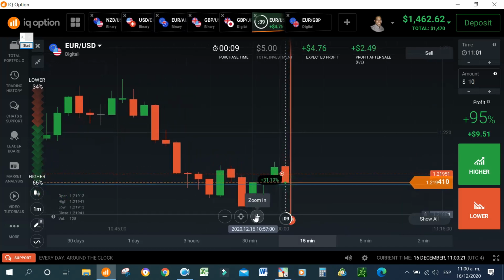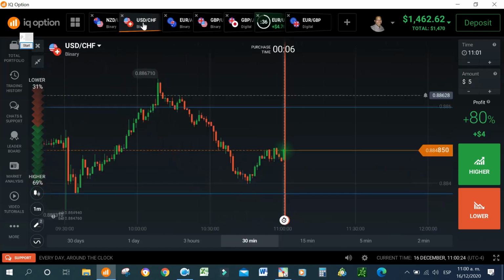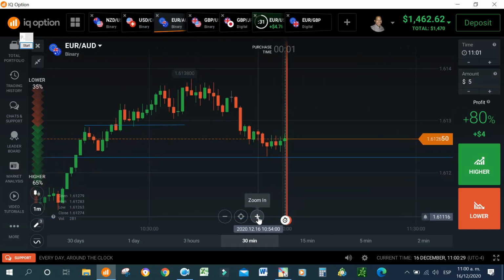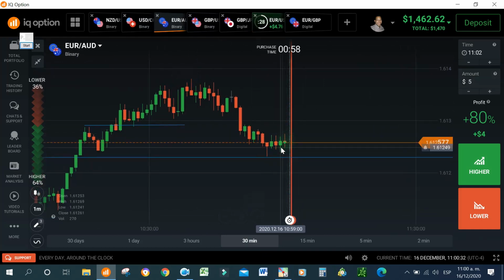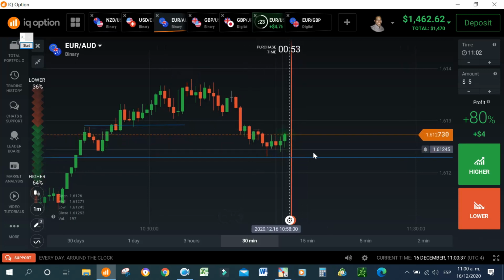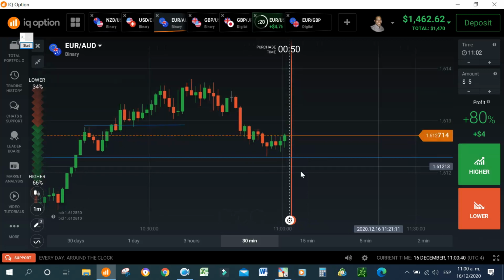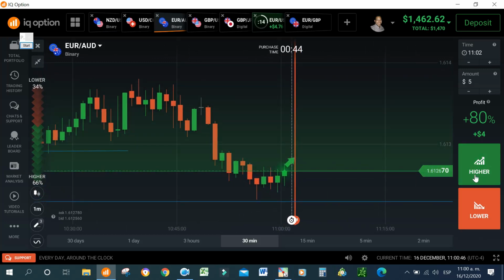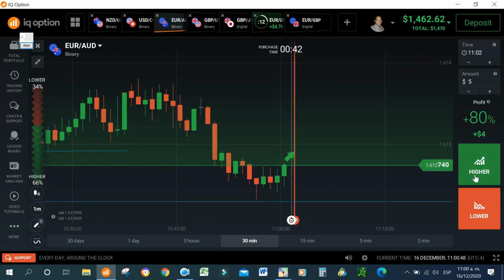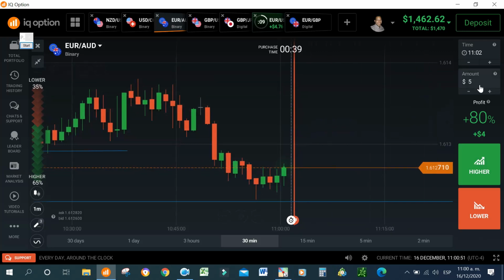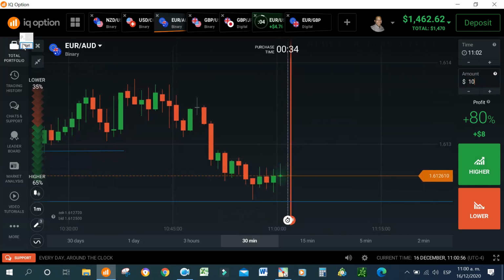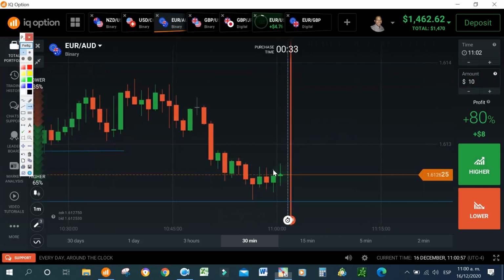All right, let's check. Okay guys, here we go. As I told you, if the price gives me a bullish pattern on this area, we can make an up entry, and that is what it's doing right now. I just need a candlestick to close above this level.